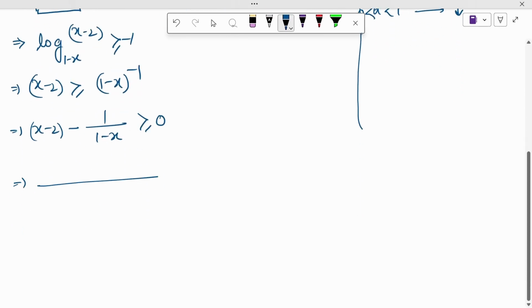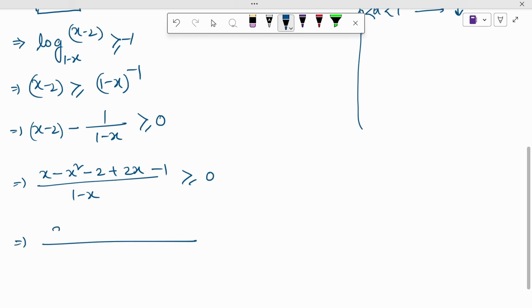So let's take the LCM. So it will be x minus x square minus 2 plus 2x minus 1, that is greater than 0. Now here it will be 3x minus x square minus 3 over 1 minus x greater than or equal to 0.